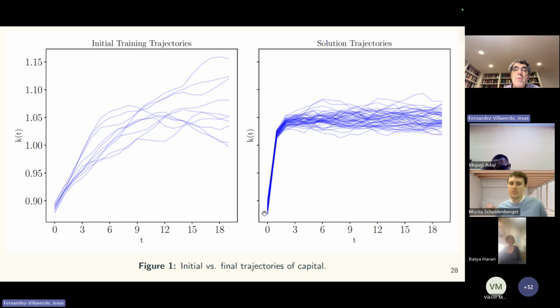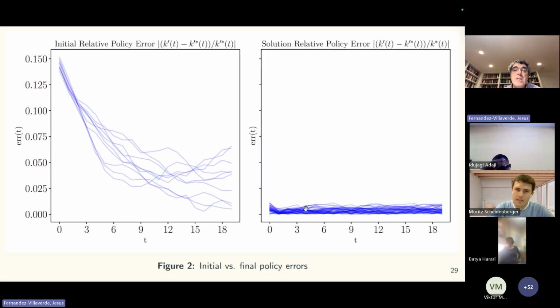But once you have converged, you still have those shocks, but you can see here the dynamics of the model have clearly stabilized. This is the initial condition, so we very quickly travel towards the ergodic distribution, and over here we are in the ergodic distribution. And you can see that the errors, once I have converged, are trivially small.